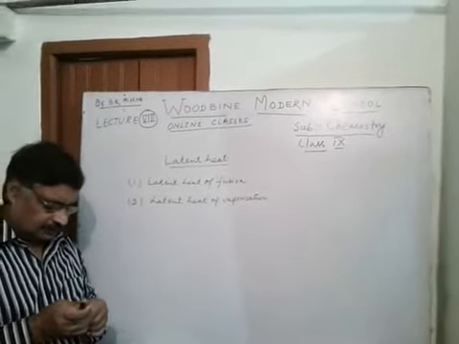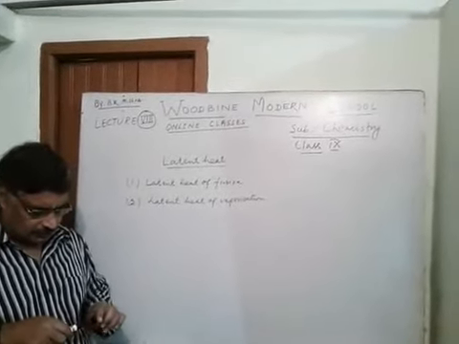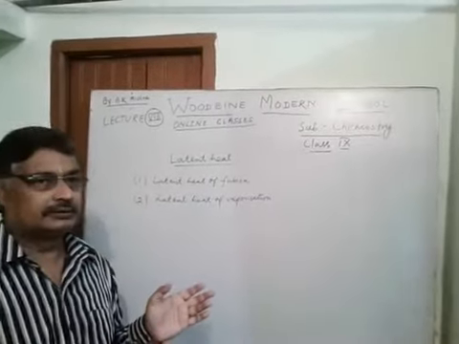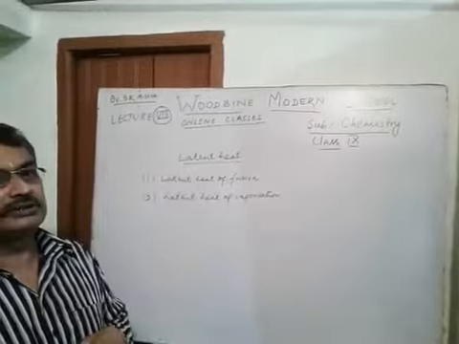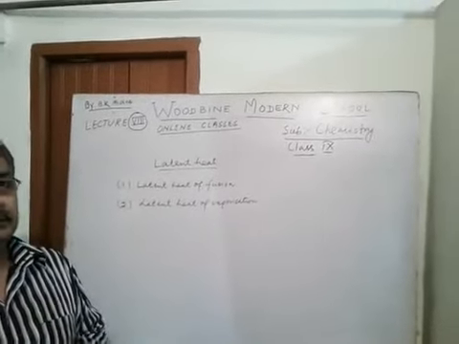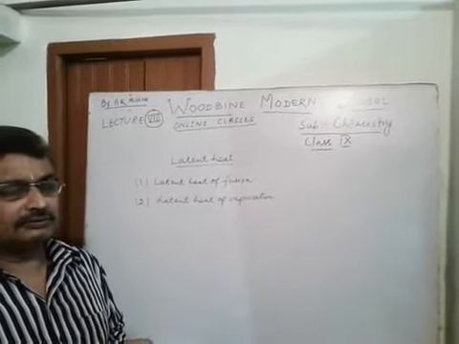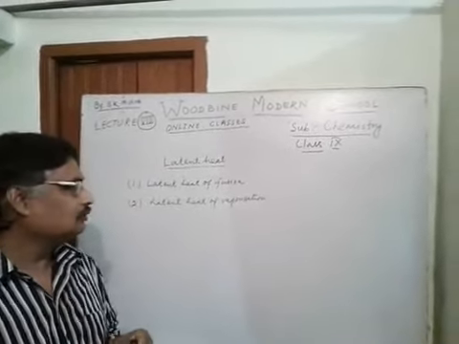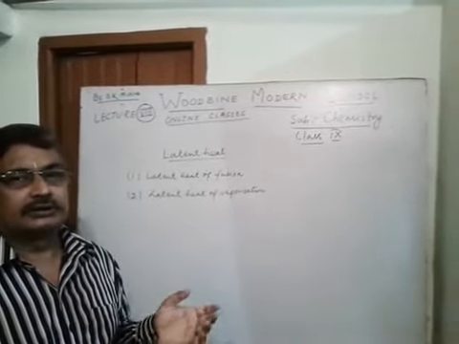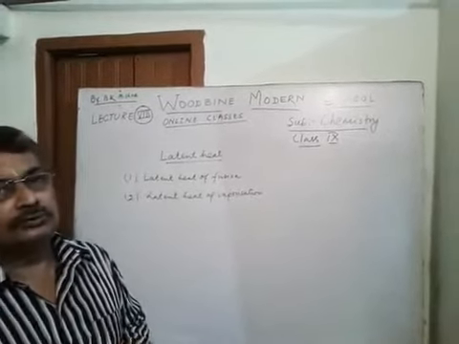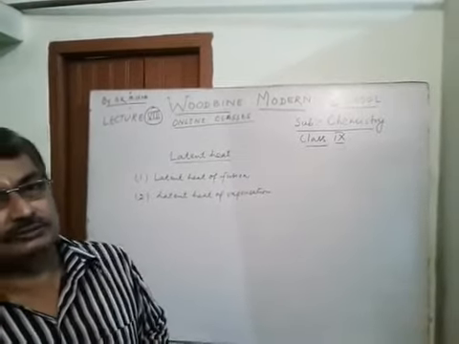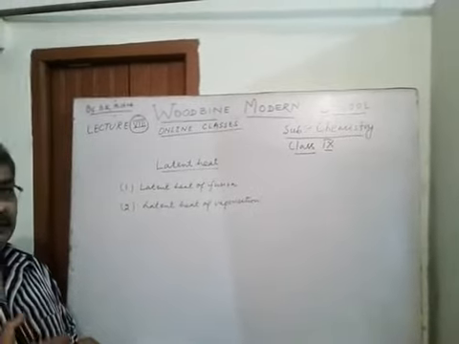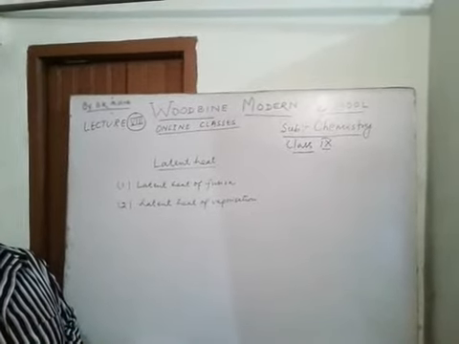Now, before the definition, a question comes to our mind: where is the heat used, or why doesn't the temperature increase, why is it not reflected in the thermometer while we are supplying the heat? When we supply the heat, it is used up in overcoming the forces of attraction between the particles, and there is no net increase in the kinetic energy of the particles.